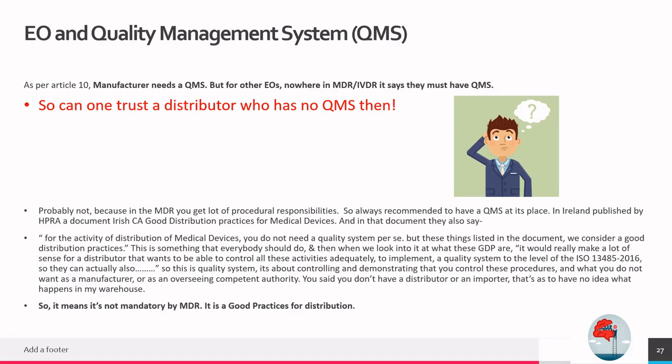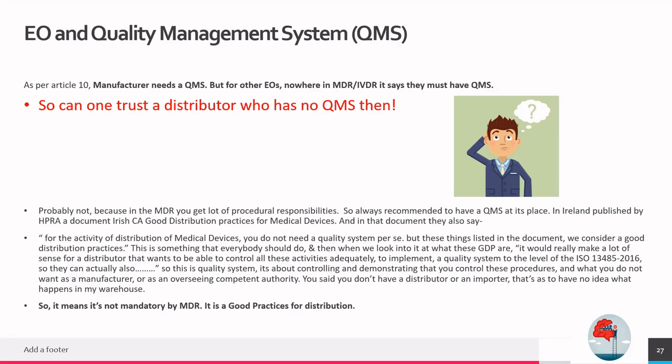And when we look into those points, it really makes a lot of sense for a distributor that wants to control all their activities adequately to implement a quality system at the level of ISO 13485. So this is clearly a quality system. It's about controlling and demonstrating that you control these processes.